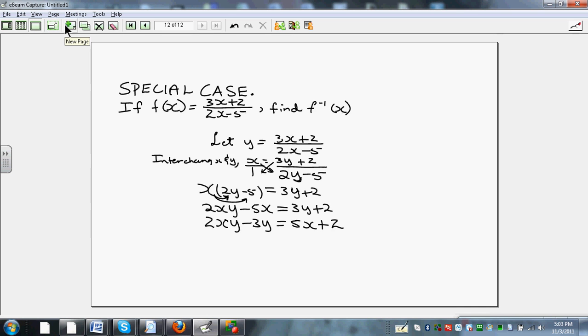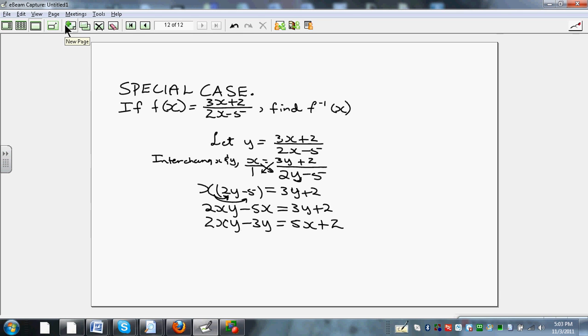I did two things there. I minus 3y on both the right hand side and the left hand side. So that took away the 3y from the right hand side, and it created a minus 3y on the left hand side. In addition to that, I removed the minus 5x from the left hand side by adding 5x, so that came out, and I also added 5x on the right hand side. Because remember, whatever I do on the left hand side, I must also do it on the right hand side.